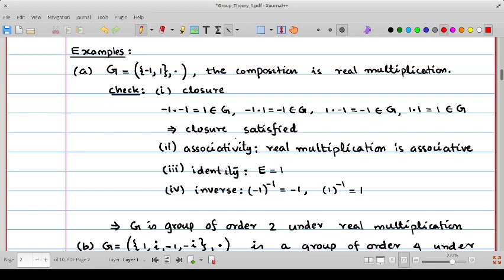So we see that the set of elements -1 and 1 together with real multiplication satisfies all the 4 properties required for a group. The number of elements in the set is 2, -1 and 1, and therefore G is a group, it's a finite group, and its order is 2.